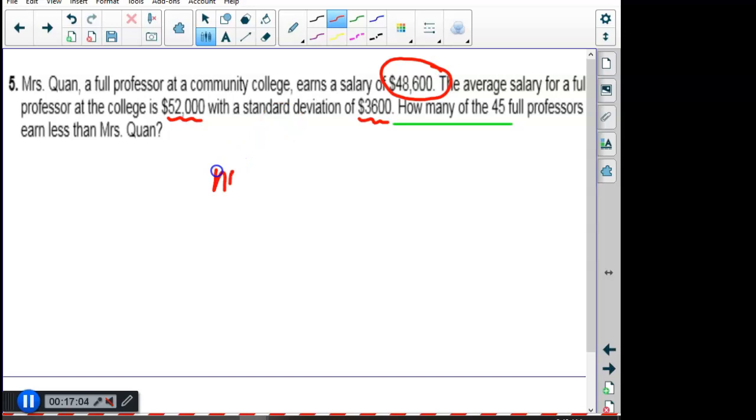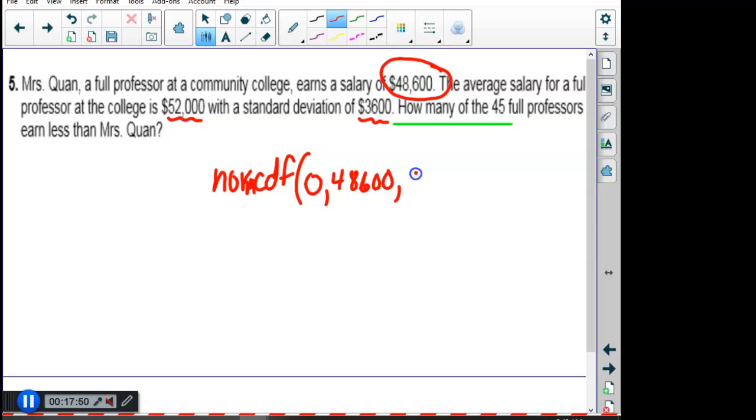So if we use norm CDF, I'm just checking if it lands on a standard deviation: 52,000 minus 3,600. Yeah, it doesn't, so I'm not going to worry about it. Okay, norm CDF. Earn less than her, well, that would be 0 up to hers.